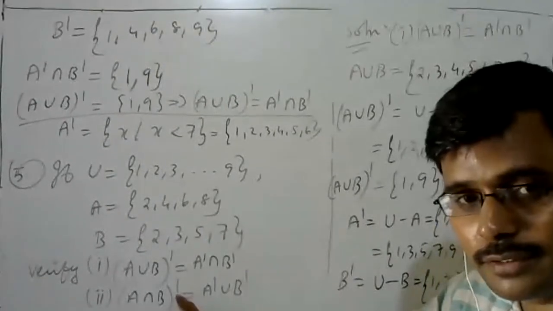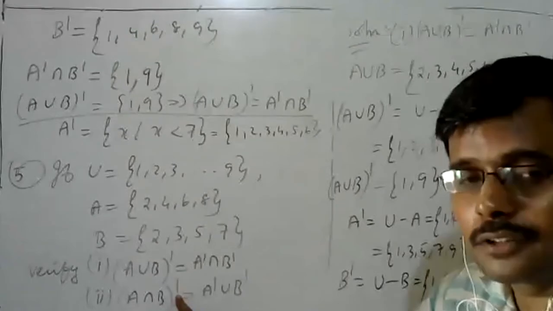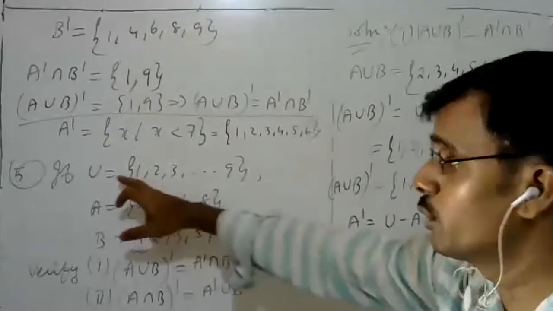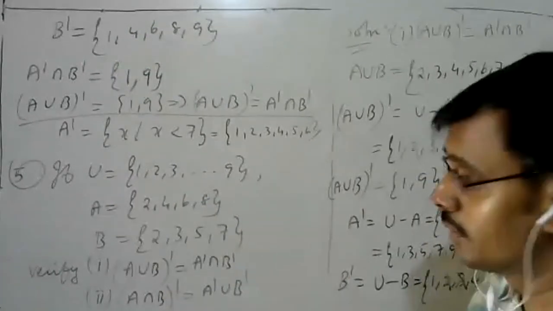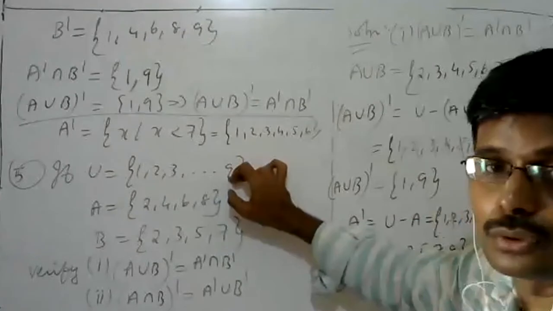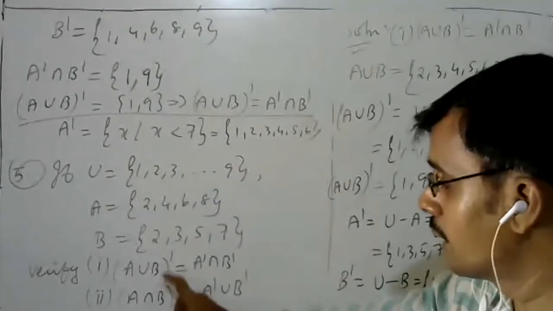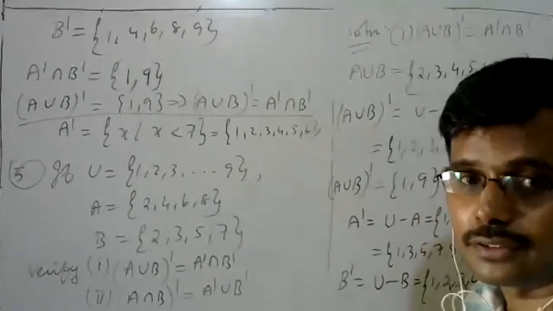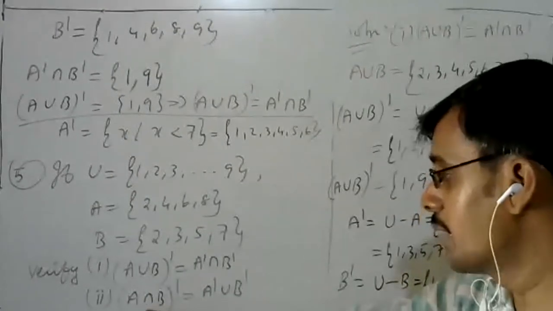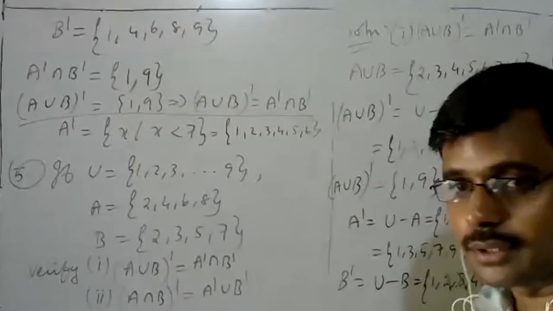Take a complement means, what is the meaning? The elements in universal set. U means universal set. These two are the subsets of this U. The elements in universal set and the elements not belonging to your A intersection B. This is A intersection B, the whole complement.